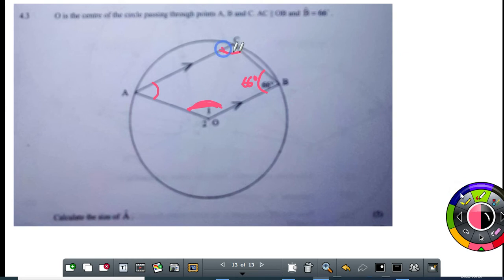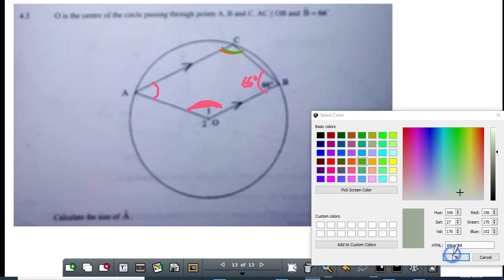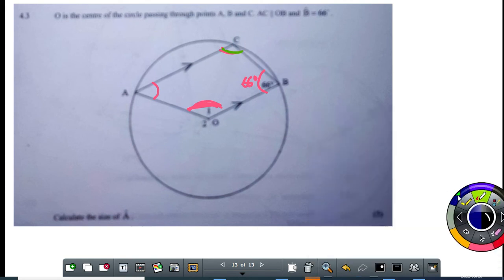So I'm going to calculate the angle C. To do that, first thing I'll say: angle C plus angle B gives me 180 degrees, they are co-interior.